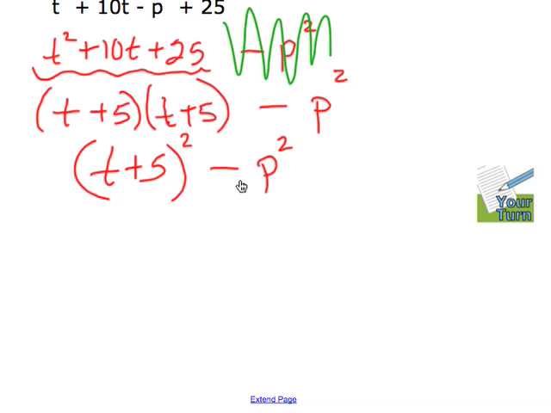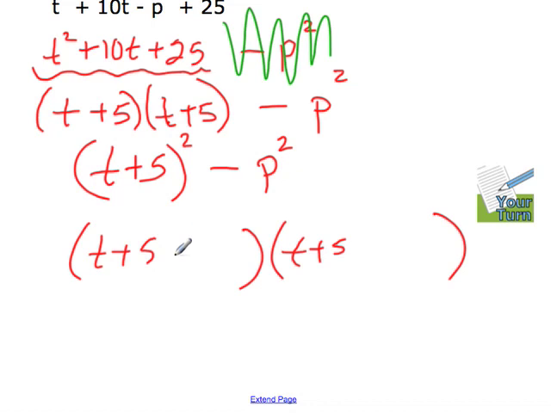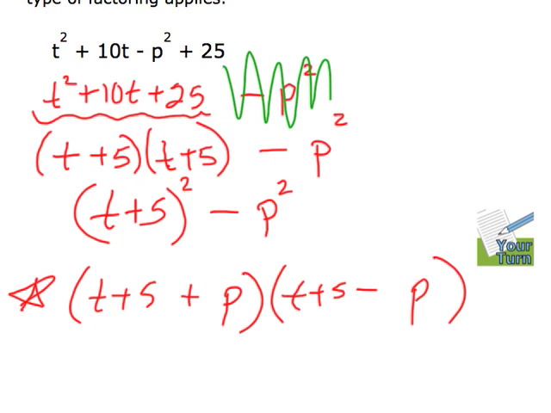So difference of squares, to factor this further, I could say, okay, put a t plus 5 here. Whoops. Where's my undo? Put a t plus 5 here and put a t plus 5 at the start of the other one. And then the p squared, I'll put a p there and a p there. One's plus, one's minus. So this would be the completed factorization of the original question there.